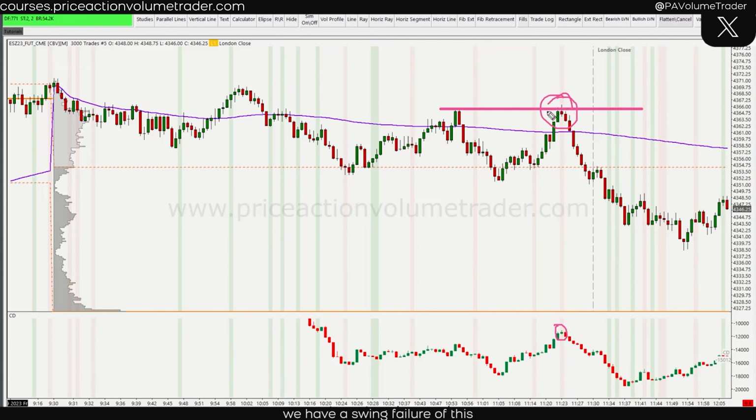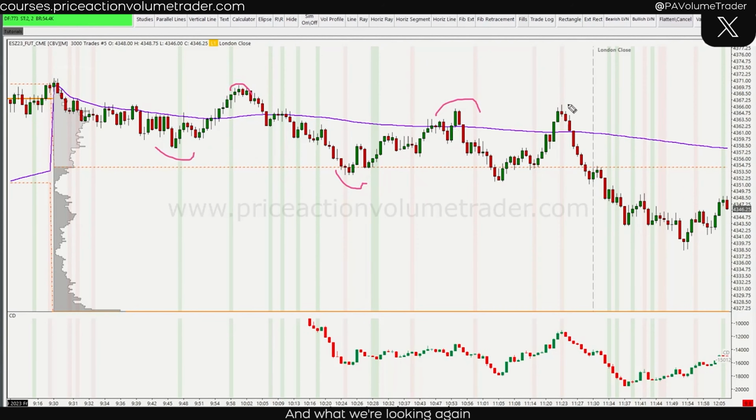So right here we have a swing failure of this, and then right after that happened, you can see that both aggressive sellers and limit sellers got in sync, and we had a very quick liquidation move coming all the way down here.